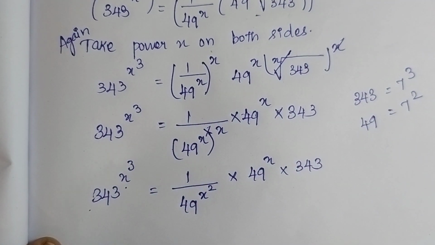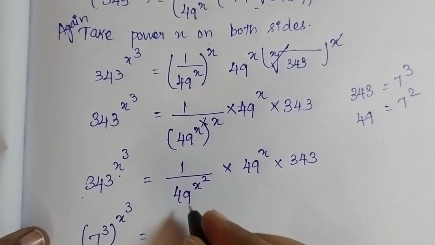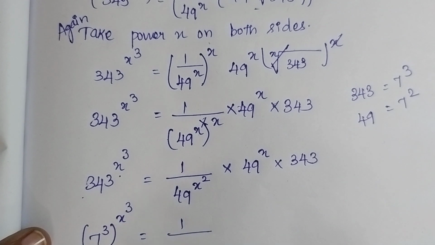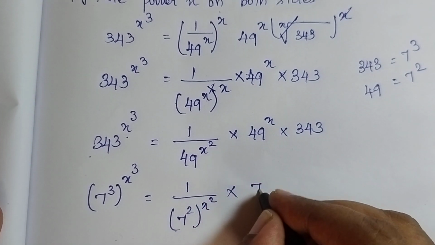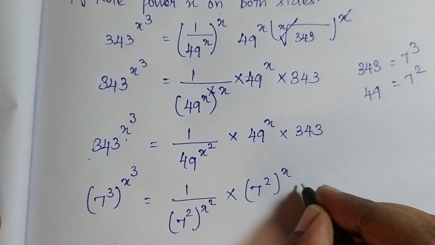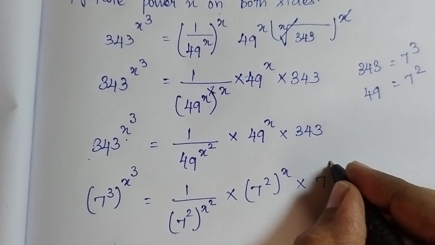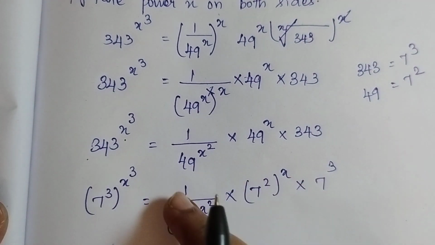Therefore, this becomes 7 cube the whole power x cube, which is equal to 1 divided by 7 square the whole power x square into 7 square the whole power x into 7 cube. So now I'm going to rewrite this.